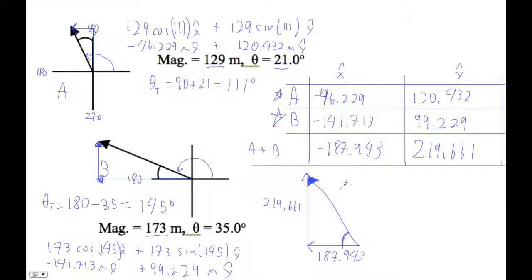My magnitude is the square root of 187.943 squared plus 219.661 squared.